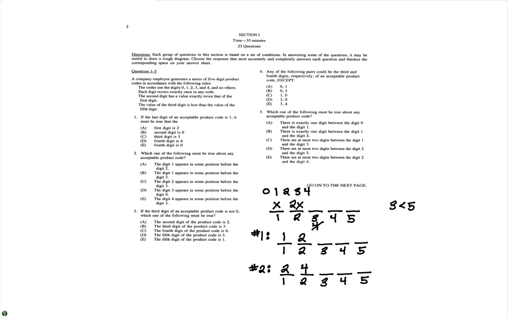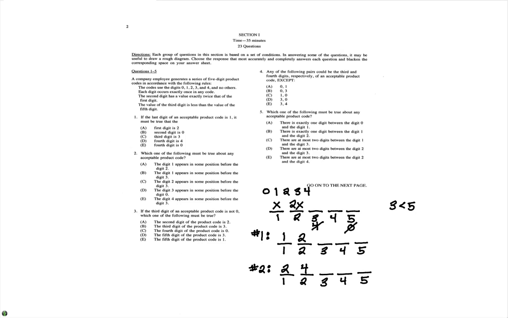Same logic tells us that 0 can't go fifth, because if 0 was fifth, how could we have a lower number go third? So 0 can't go fifth. Applying that rule now to our 2 scenarios.